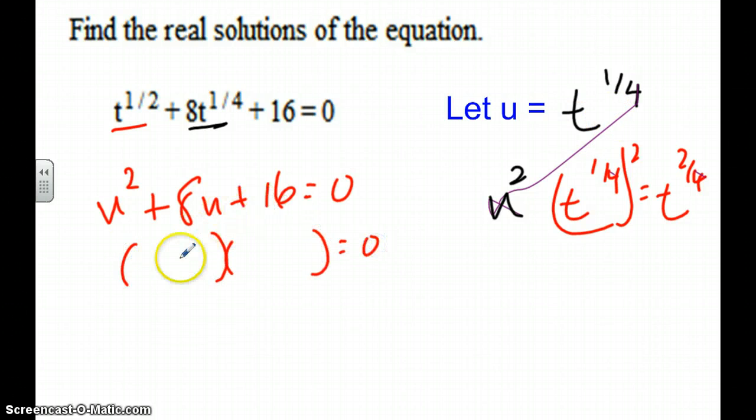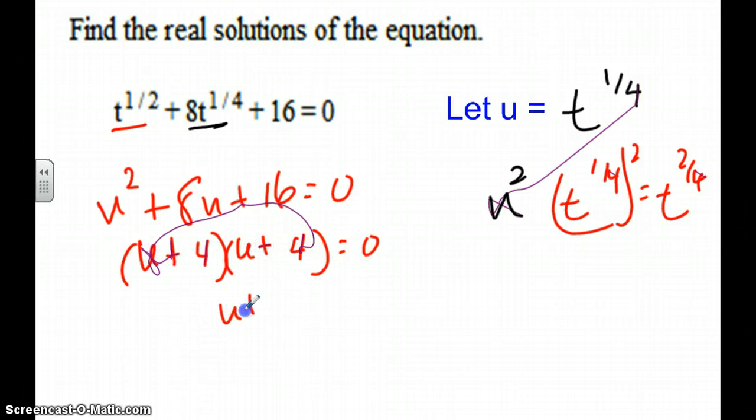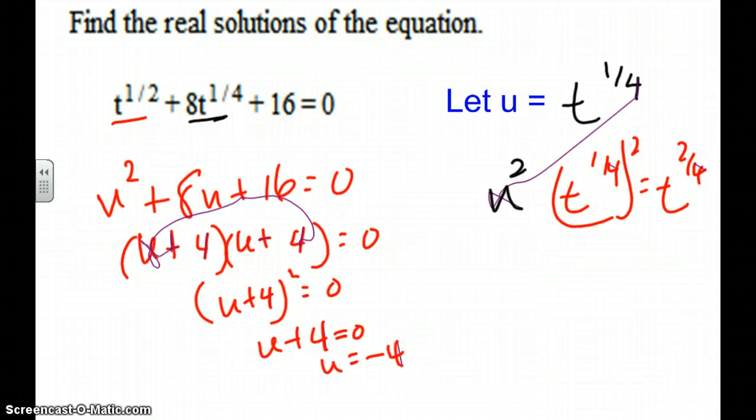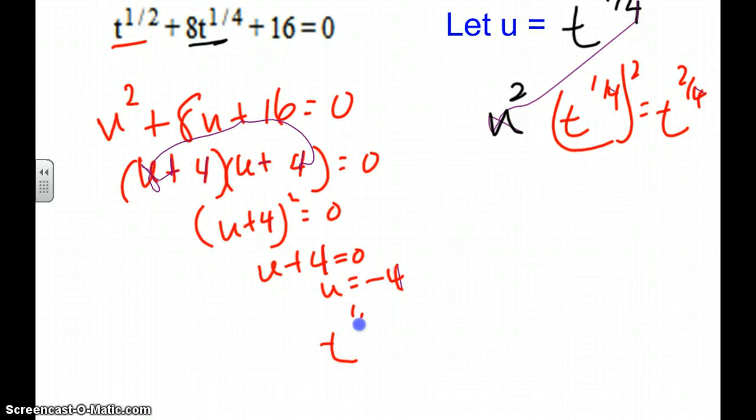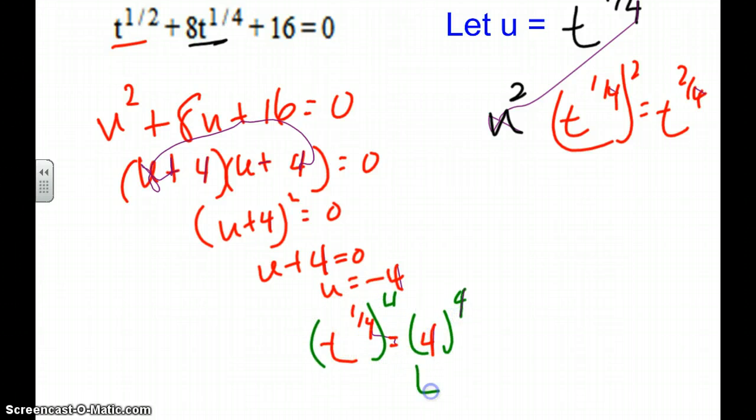So factors of 16 that add up to 8 are 4 and 4. Signs are alike. So I'll have u plus 4, u plus 4, which is u plus 4 quantity squared. Take the square root. U plus 4 equals 0, so u is negative 4. And my substitution says t to the 1/4 is equal to negative 4. To solve for this, I'm going to raise both sides to the 4th power. And t will equal 256.